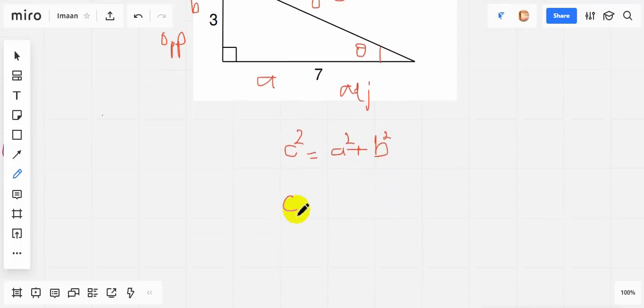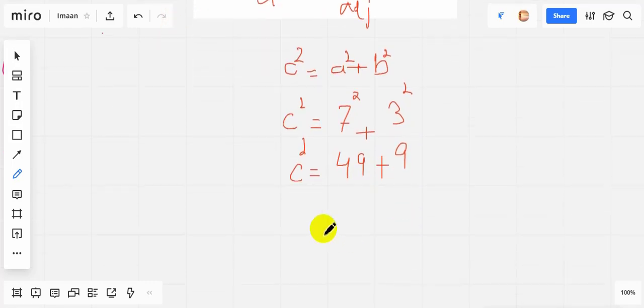So c squared equals a squared, a is 7, so 7 squared, plus b squared, so b is 3, so 3 squared. Okay, then c squared equals 7 squared, which is 49, plus 3 squared, which is 9, and then 49 plus 9 is 58. So c squared equals 58.